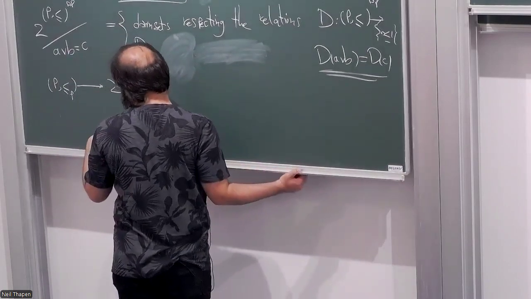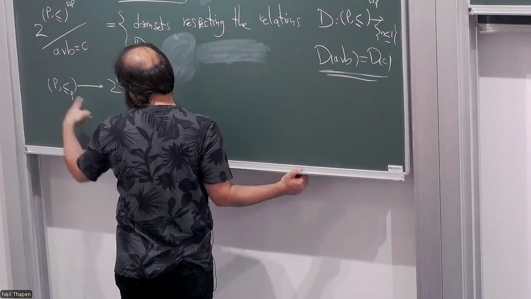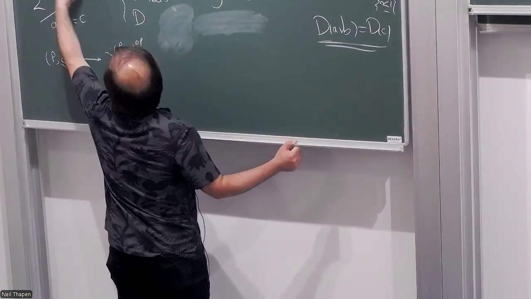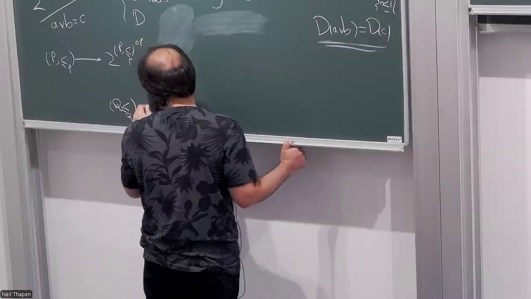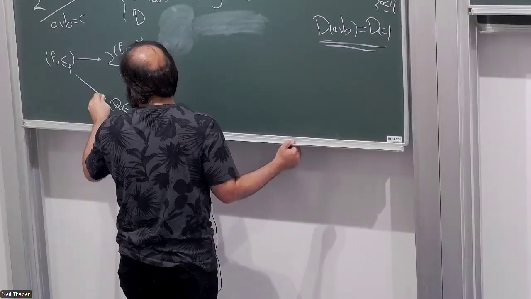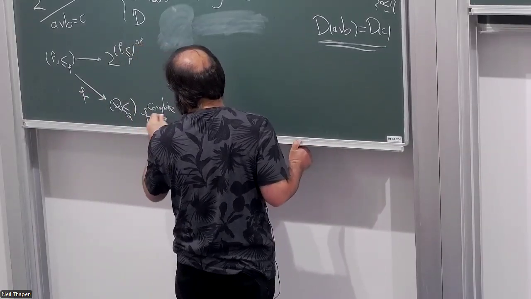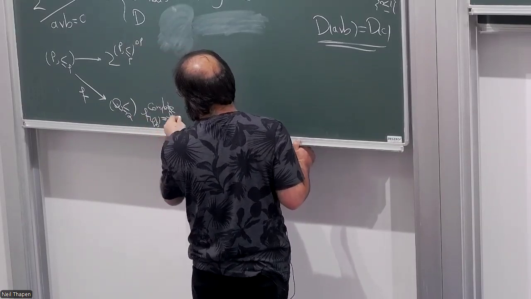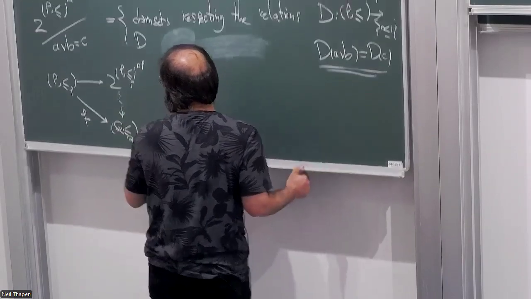It simply means that you have just the embedding, which is this. And then for any other Q that is also complete, and for any other map F such that F of A equals F of B equals F of C, then you can have some unique map.